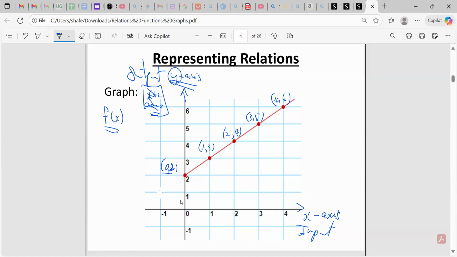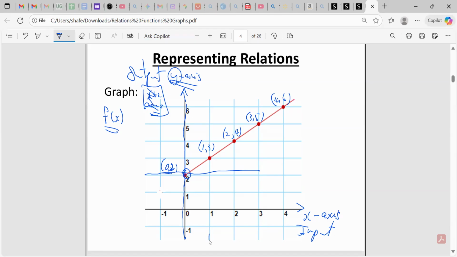So 0 on the input axis, or the x-axis. So anywhere along here, x is 0, and y or the output is 2 anywhere here. And notice the two coincide there. So we call that point 0, 2.